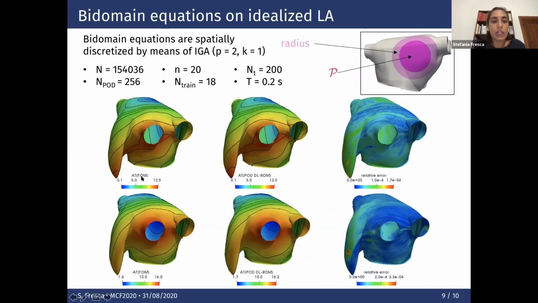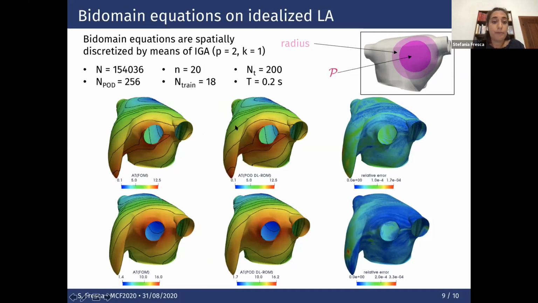In the slide, I show the activation maps for two testing parameter instances in order to highlight the ability of the POD-DL-ROM solution in replacing the FOM one when evaluating outputs of interest. Moreover, the POD-DL-ROM technique is able to accurately capture the variability of the solution over the region, which is quite large.